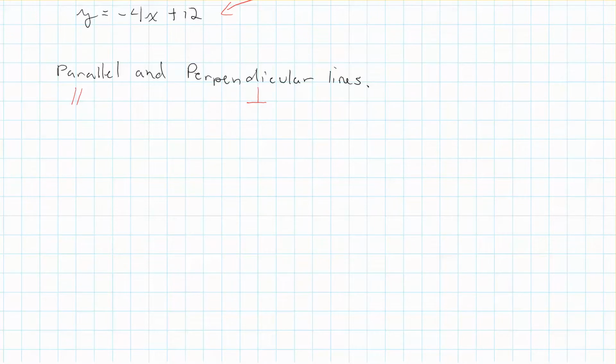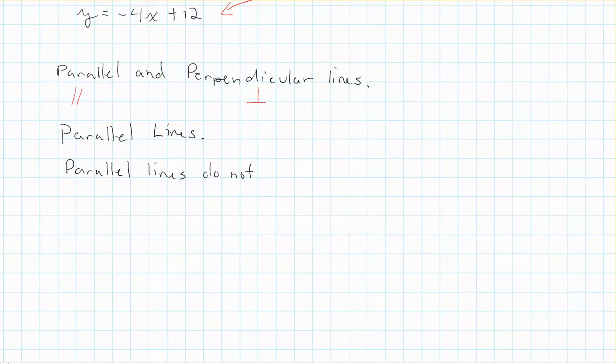Now let's talk about parallel lines here. Well, one thing that's unique about parallel lines is that parallel lines do not intersect, and therefore have the same slope.